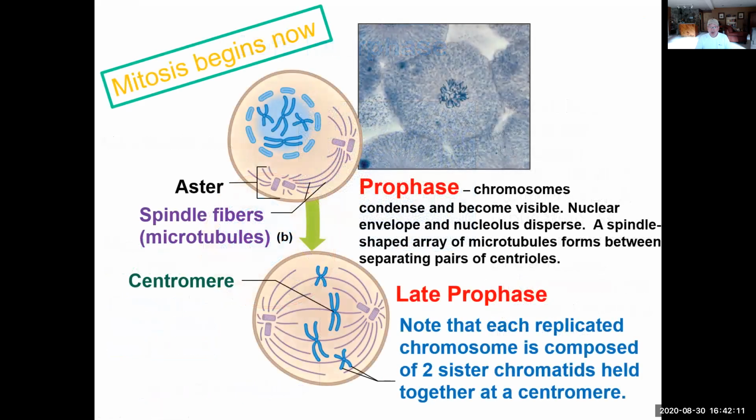We now enter true mitosis, division of the nuclear material. There are 4 stages to mitosis: prophase, metaphase, anaphase, and telophase. This shows the first of the 4 phases, prophase. And note that we also have this term, late prophase.